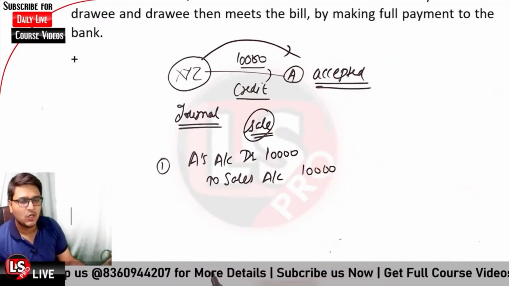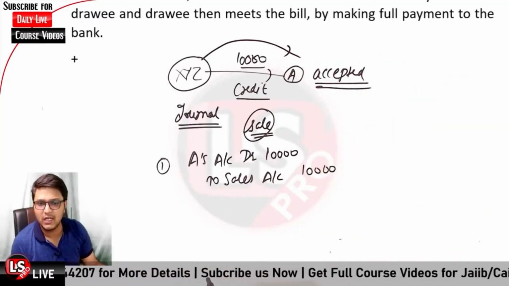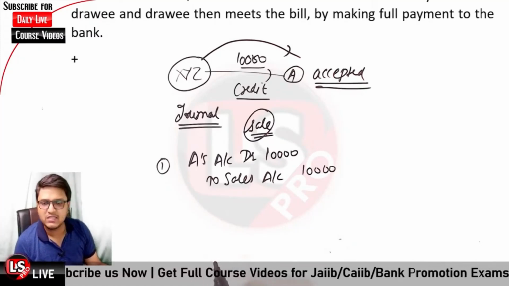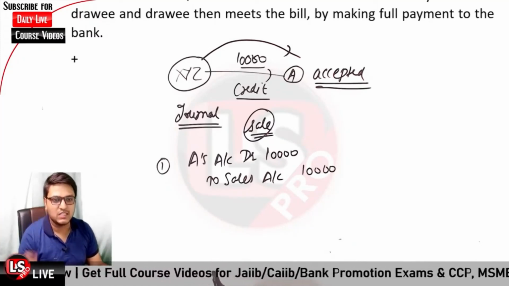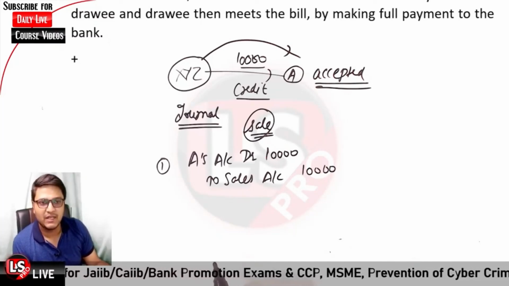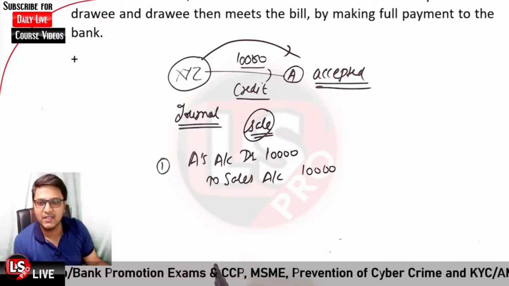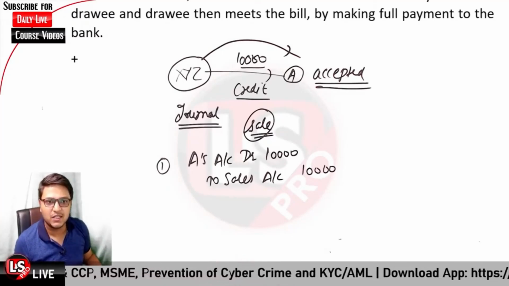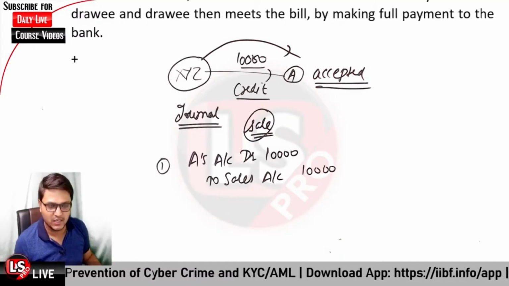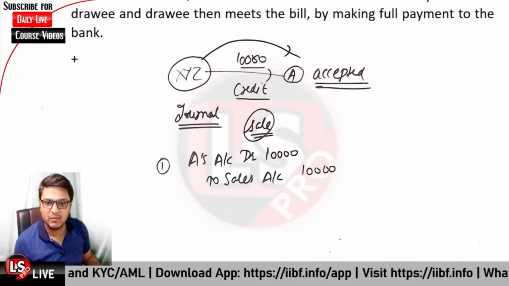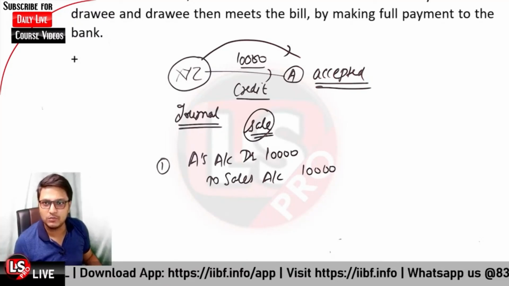Now in that case, what would be the journal entry? Bills receivable is an asset for you because you are entitled to receive the amount. Now it is accepted and it became an asset for you.